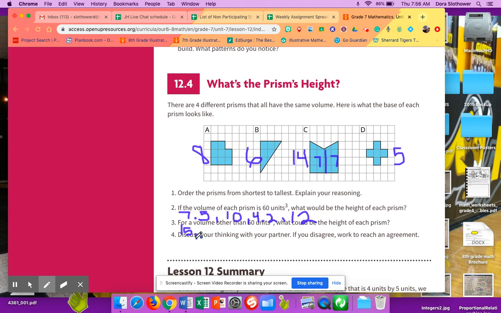For B, 120 divided by 6, you should get 20. For C, 120 divided by 14, 8.4. And 120 divided by 5, that would be 24. And you don't need to do number 4 because we don't have partners.